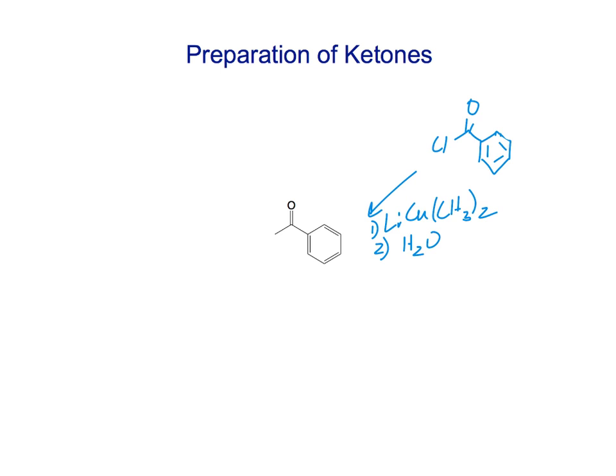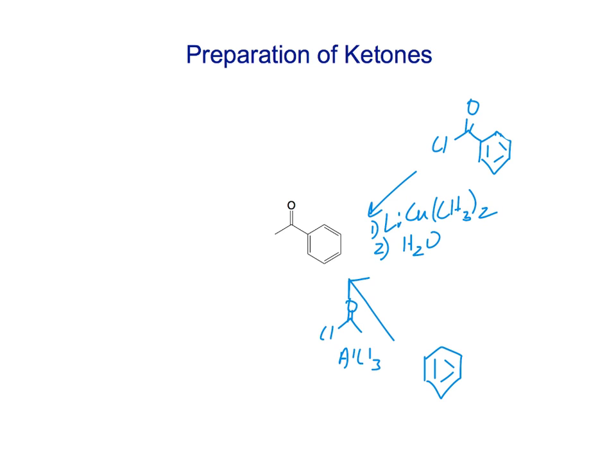All right. What else? Friedel-Crafts acylation. Good. So then we just start with benzene, right? We use acetyl chloride and aluminum trichloride. Anything else? Secondary alcohol?